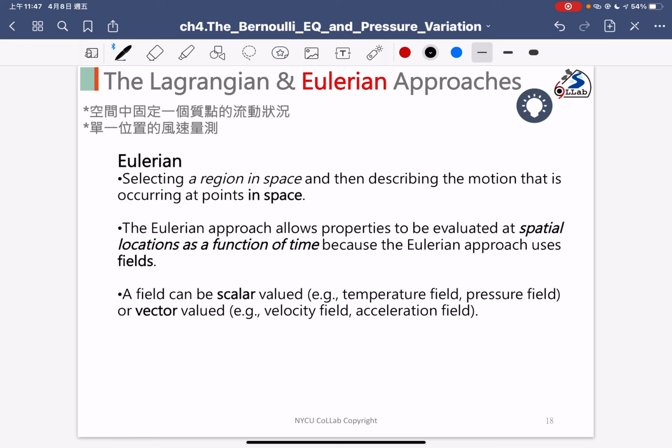So compared to the Lagrange, the significant difference is the Eulerian doesn't need the initial point. We only need the spatial functions of the velocity. So you just pick this point and I can predict how large the velocity is at this point. Okay? Don't need to check every point.